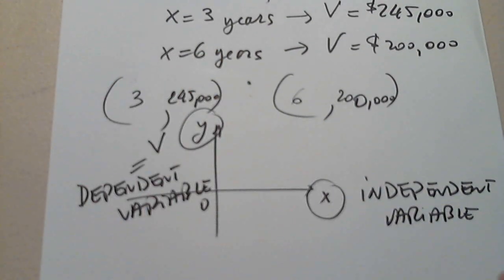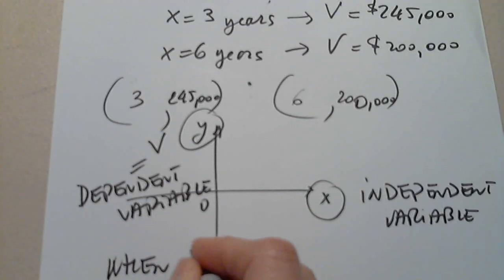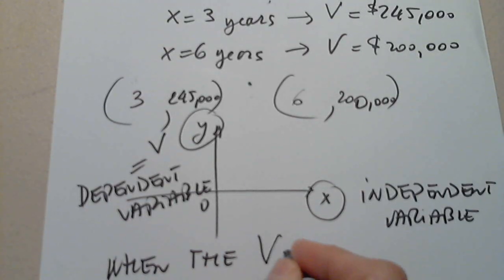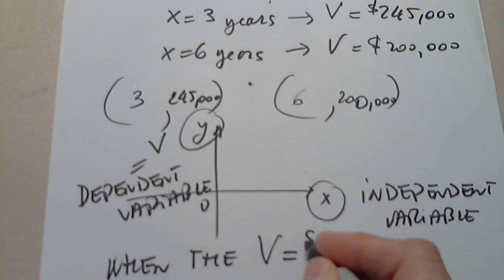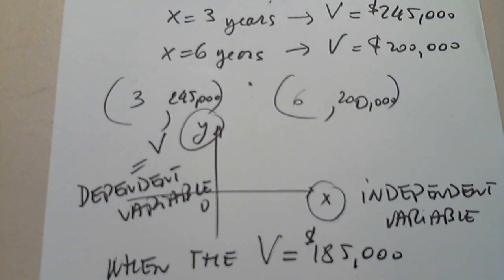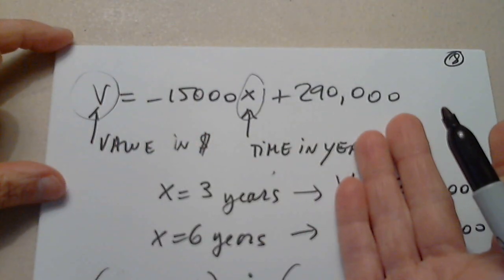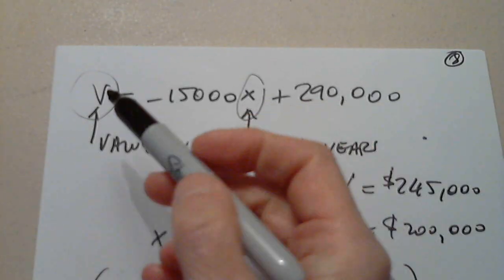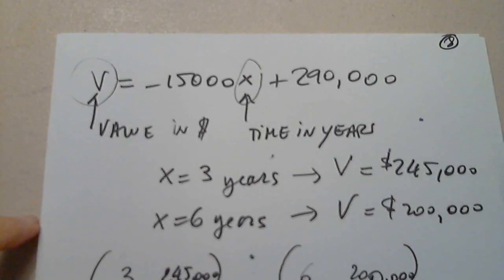Now here's a question referring to the same problem. When the value is 185,000, find, in other words, x. So I'm given this model, and this time I'm told the value is 185,000, find x. What do I need to do?